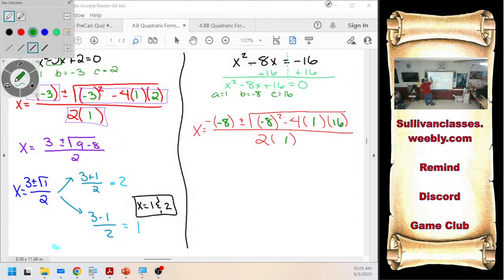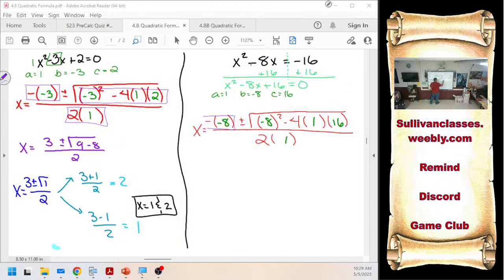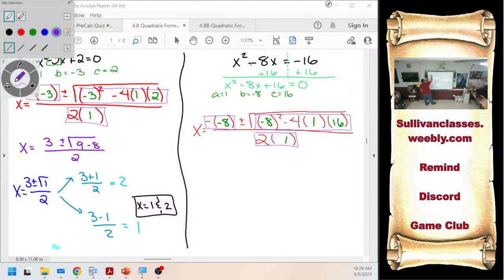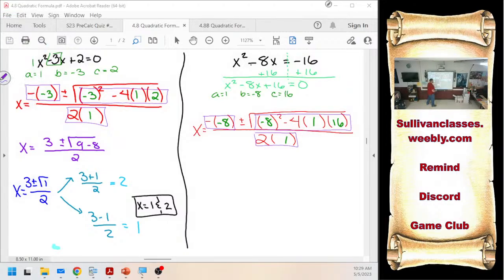And this does something weird. What's a negative 8 squared? 64. So here, negative negative 8 is 8 plus minus square root of 64.